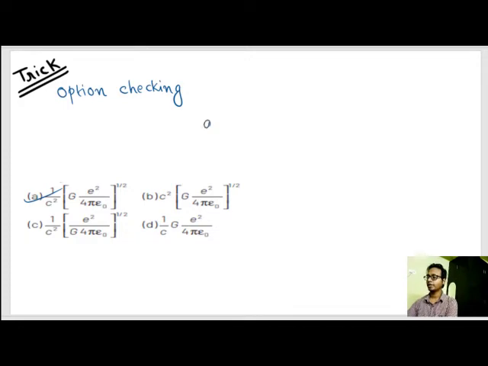Checking option number A. Okay, 1 by c square, or 1 by meter per second square, into g. The initial dimensional formula of g was what we just now derived.